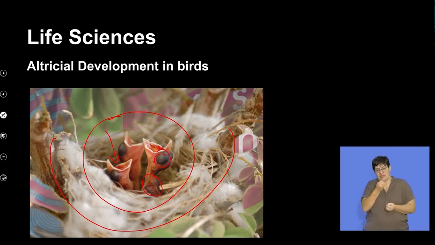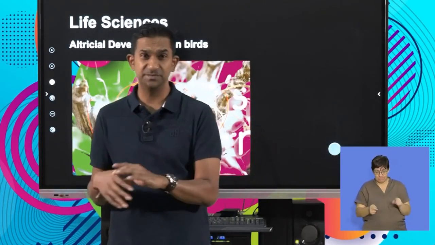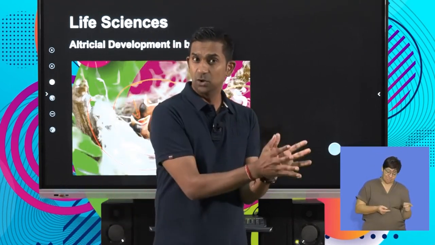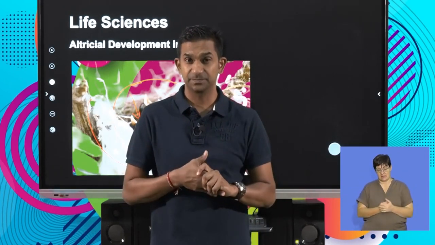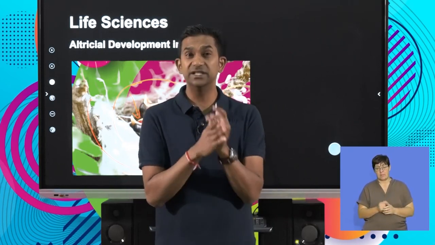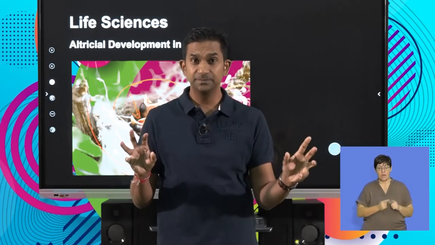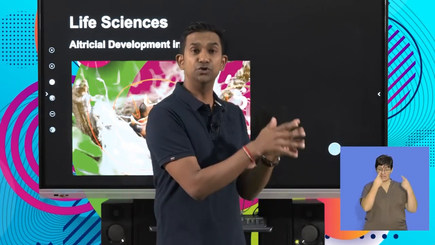So if we compare these strategies amongst different species, we'll find that precocial development and altricial development are two strategies that allow for successful development, each having their own sets of challenges in terms of the young surviving. However, we need to recognize that every species that exists today is successful because of their own unique reproductive strategies.